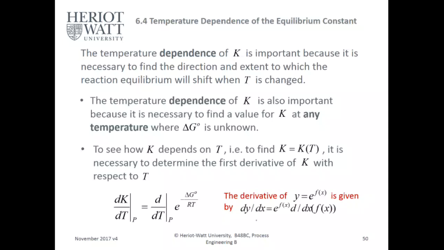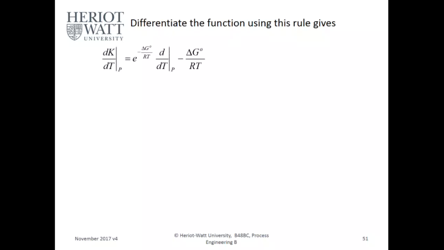You've seen this in maths. Hopefully you didn't do too badly in the recent tests. Differentiating the function using this rule gives dK/dT at constant pressure equals e to the power negative delta G over RT, times d/dT at constant pressure of negative delta G over RT.